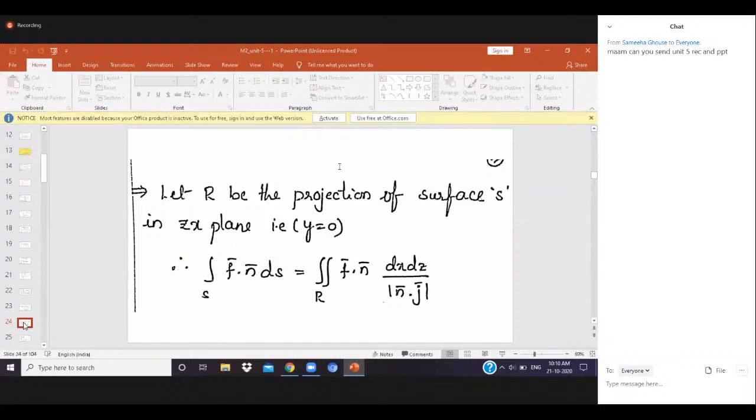Similarly, if it is in the zx plane, it becomes double integral over R of f bar dot n bar dx dz by modulus of n bar dot j bar. R is the projection, so whichever plane it occupies, we take that formula.